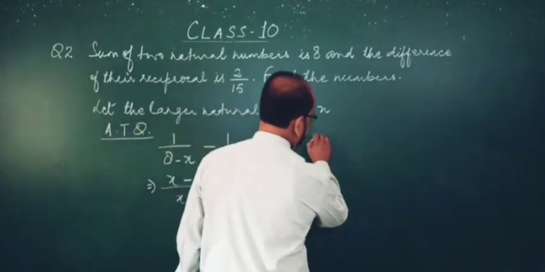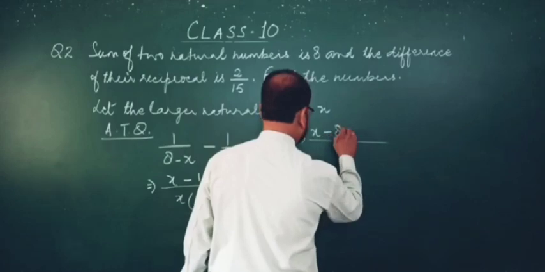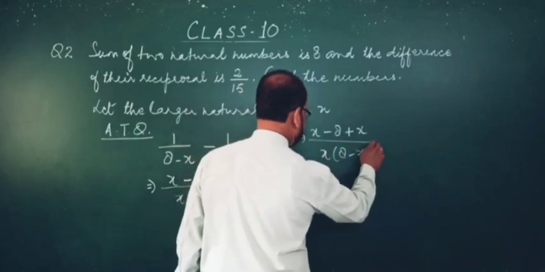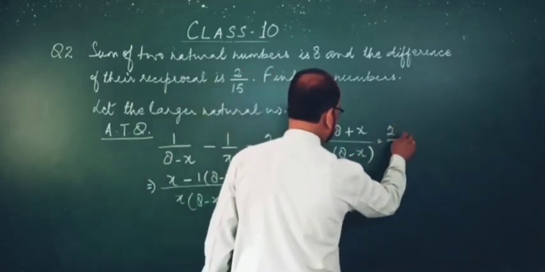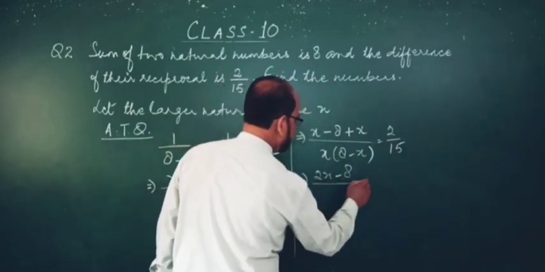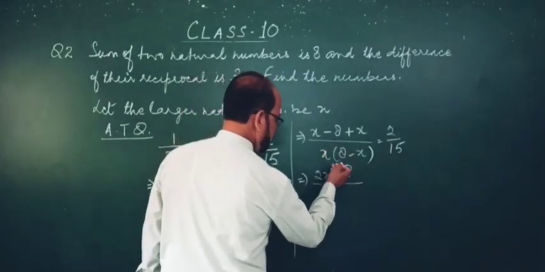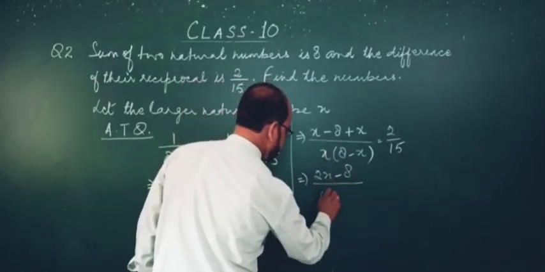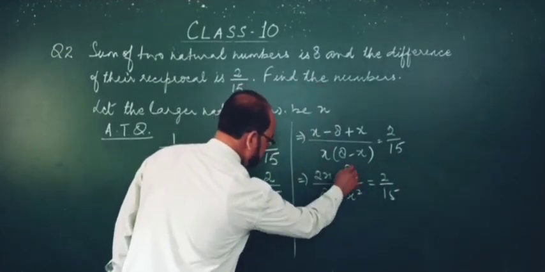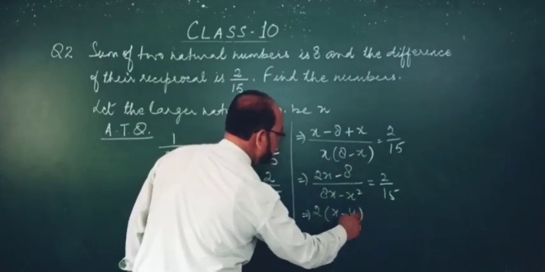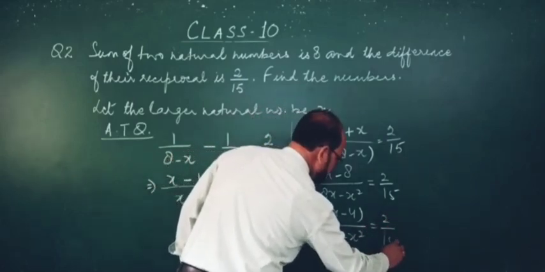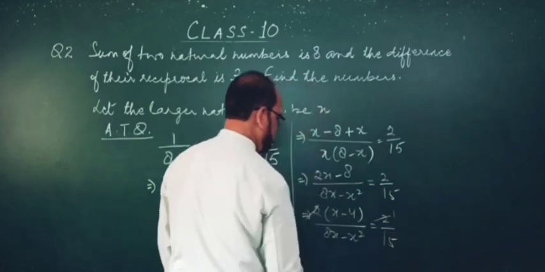So it will be x minus 8 plus x upon x within bracket 8 minus x equals 2 upon 15. x and x will be 2x minus 8 upon, then here we will get 8x minus x square equals 2 upon 15. Now you can take 2 common here. So it is x minus 4 upon 8x minus x square equals 2 upon 15. With this, 2 will be cancelled out.